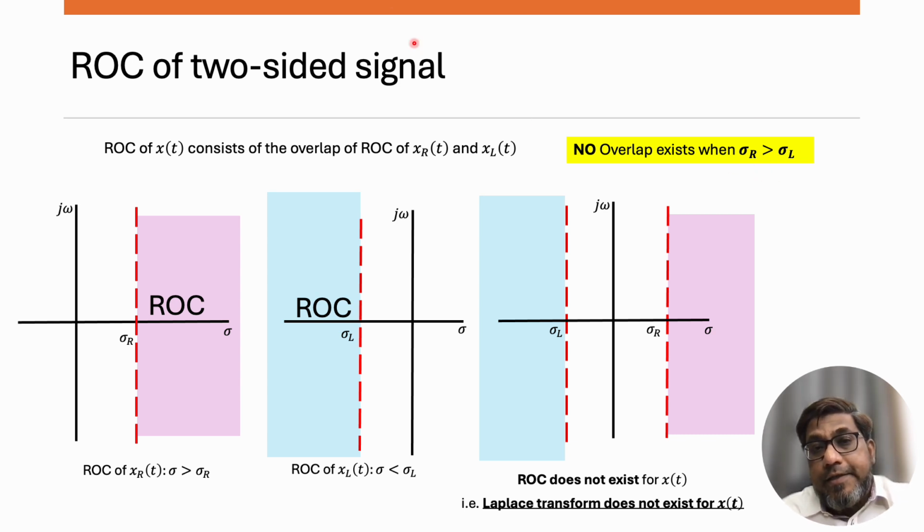So what we notice here is that even though the ROC exists for the left-sided component and the right-sided component, there is no ROC for the overall two-sided signal x of t. So there is no region in the S-plane where the Laplace transform of x of t converges, and hence we say that the Laplace transform does not exist for the signal when sigma r is greater than sigma l.